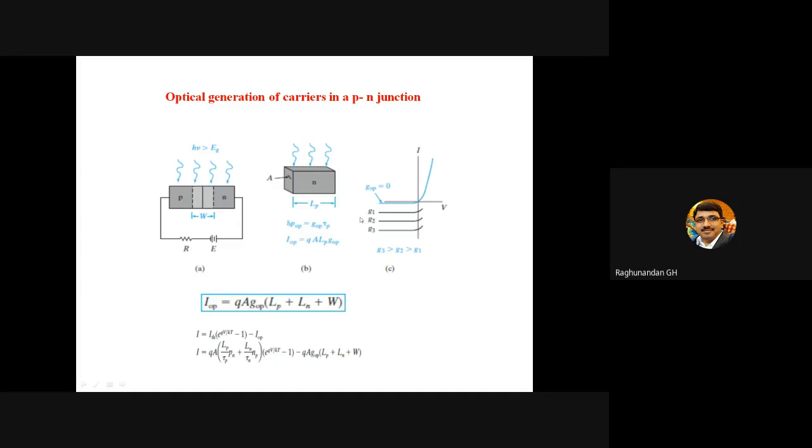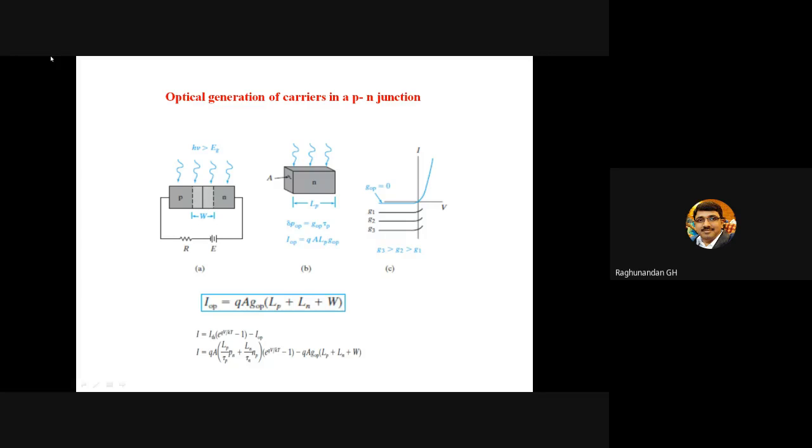GOP indicates the optical generation, and IOP indicates the current due to optical generation. So the current due to optical generation is given as Q A GOP into (LP plus LN plus W). Q is the charge, A is the area, how much area the light is going to fall on, usually measured per centimeter cube.